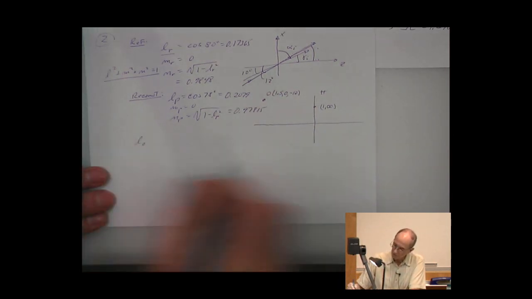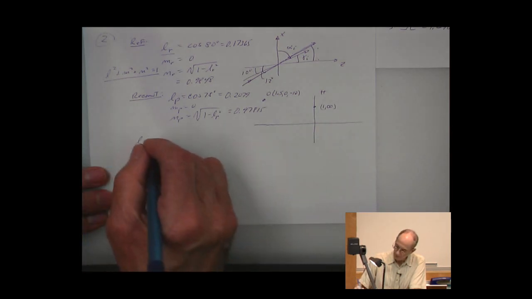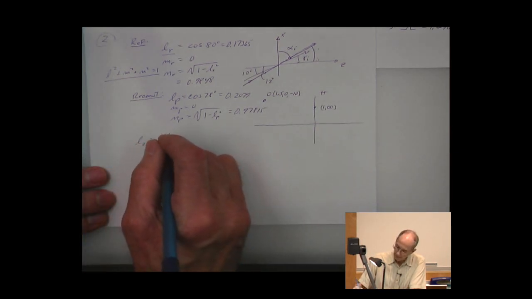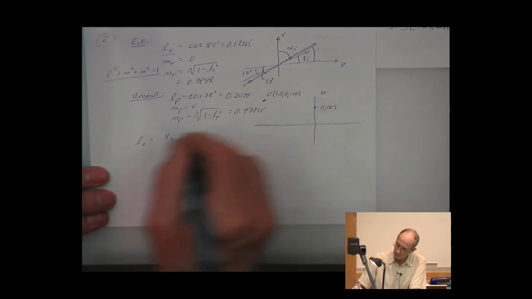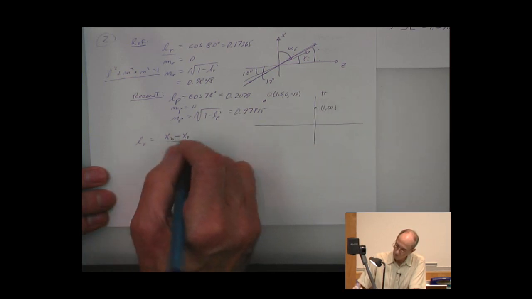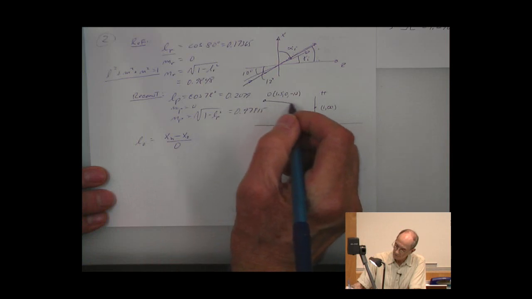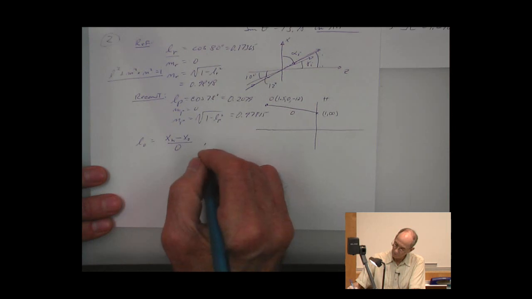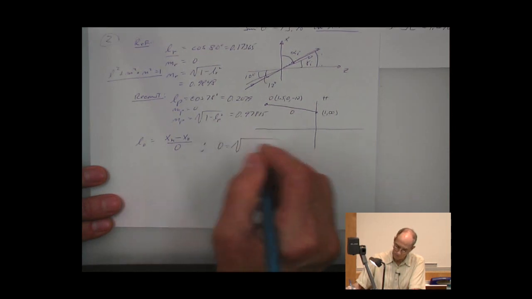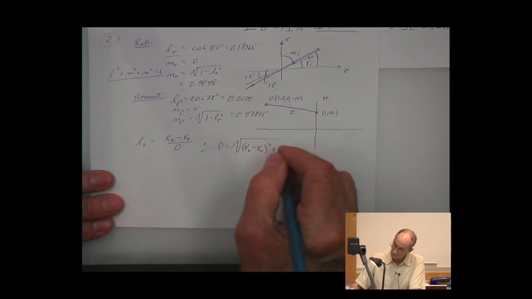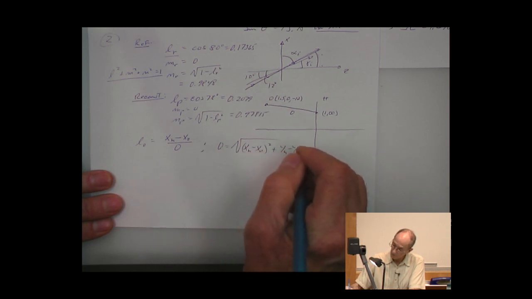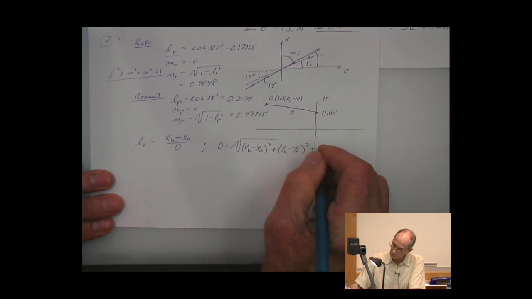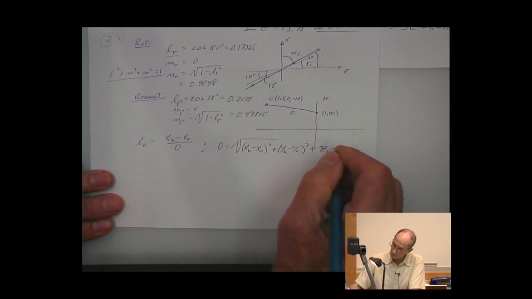Remember the definition: if you have the coordinates, LO is equal to xh, the hologram plane, minus xo, over the distance O. And O is equal to the square root of (xh minus xo) squared plus (yh minus yo) squared plus (zh minus zo) squared.